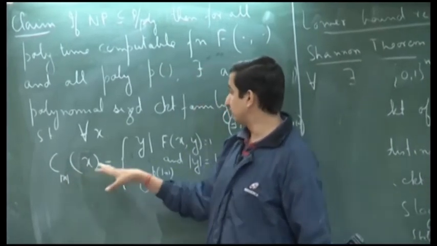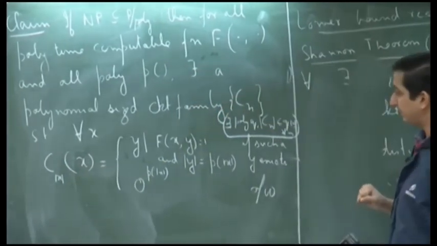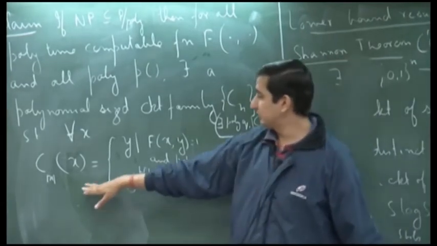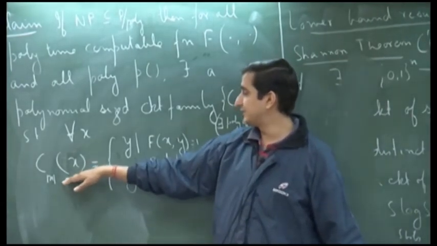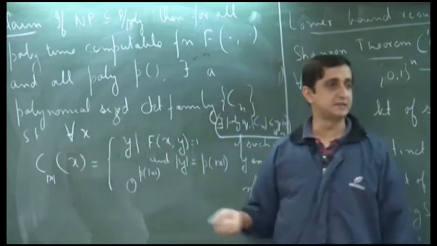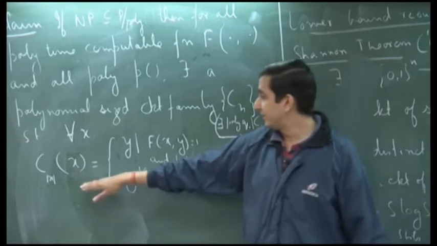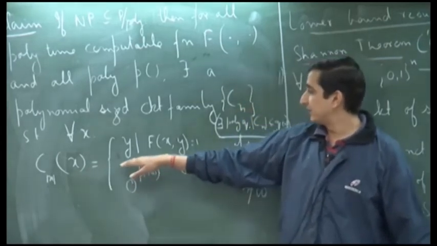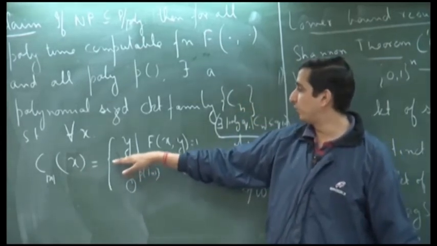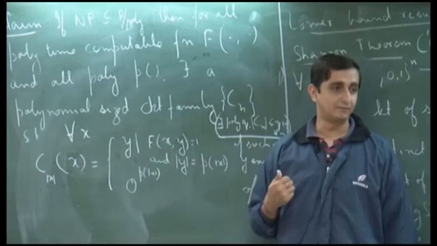Let me clarify one more thing here. This is not the kind of circuits that we defined yesterday or the day before yesterday. Here we are looking at circuits which have an output longer than 1.